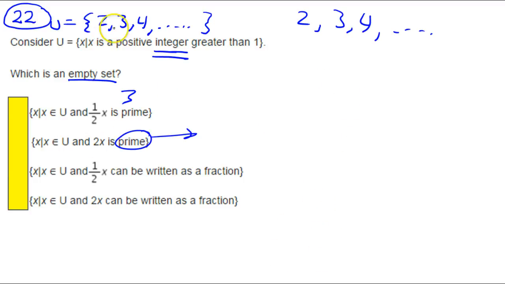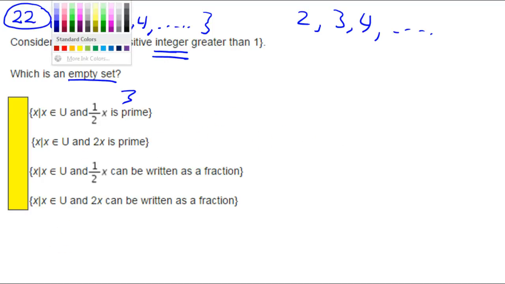If I take these numbers and double them, I'm going to get 4, 6, 8, 10, etc. These are all even numbers. They can all be written as 2 times something, so they will not be prime.